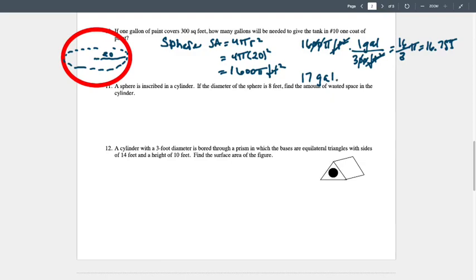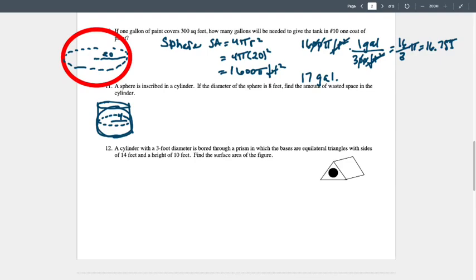All right, on number 11, we have a sphere inscribed in a cylinder. Here's my sphere, here's my cylinder. If the diameter of the sphere is 8, that means my radius is 4.